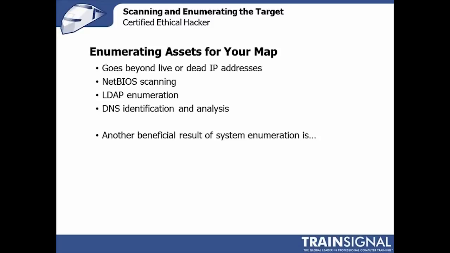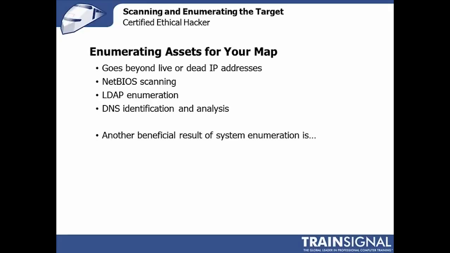Enumerating assets for the map really does go beyond live or dead IP addresses. I mentioned the concept of ping sweeps earlier, and a real simple way to build information about a network is to start pinging every IP address. That's a basic thing, and it used to work a long time ago, but certainly enumerating assets goes beyond that.